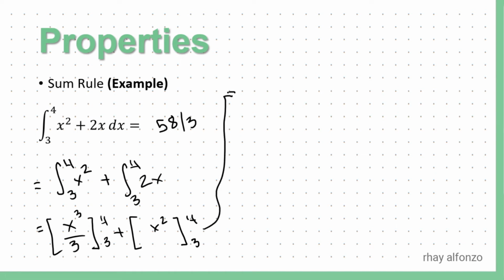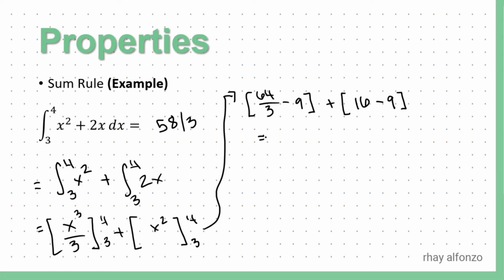So this gives us 64 divided by 3 minus 27 over 3, which is 9, plus x squared when x is equal to 4, which is equal to 16, minus x squared when x is equal to 3, which is equal to 9.